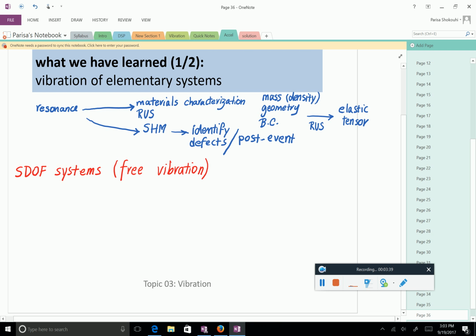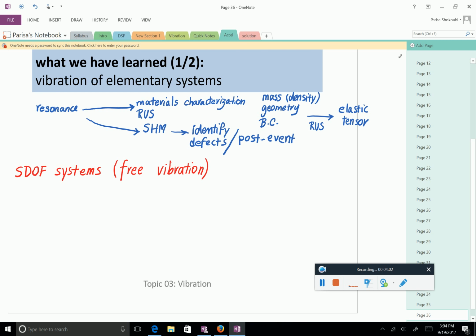When we say free, it means that, like the example we solved, you apply an impulse, or like the hammer that you saw, you disturb the system very quickly, but then you don't continue forcing it. That's the main difference between using a hammer and using a piezoelectric to do the same thing.